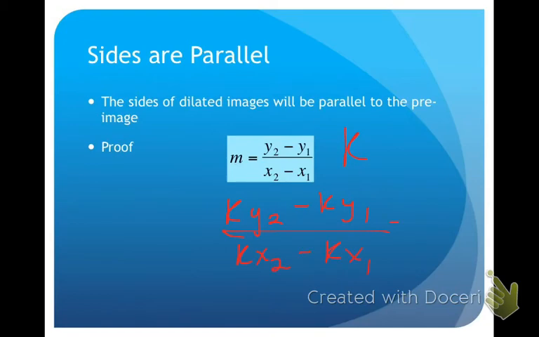So when I rewrite this by factoring out the scale factor, I'm going to factor out a k here, factor out a k here, and those k's cancel out, and we're left with the original slope formula. So multiplying those values by the same number doesn't affect the slope. The sides will be parallel.